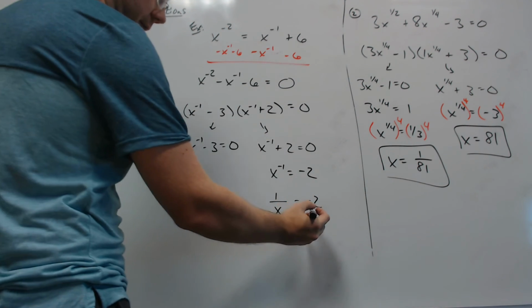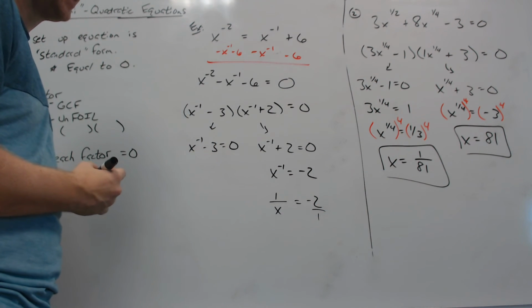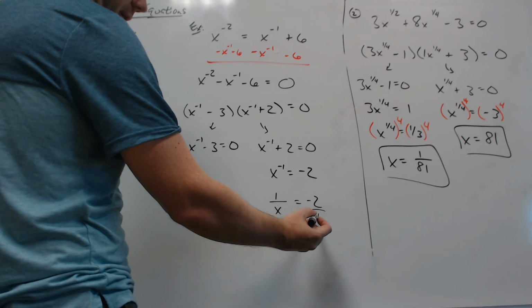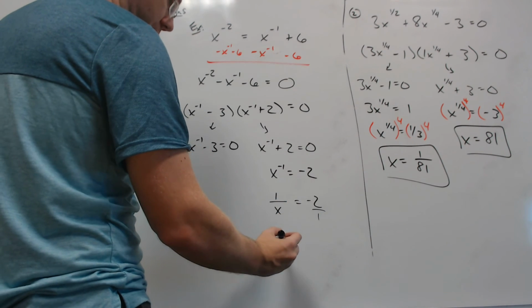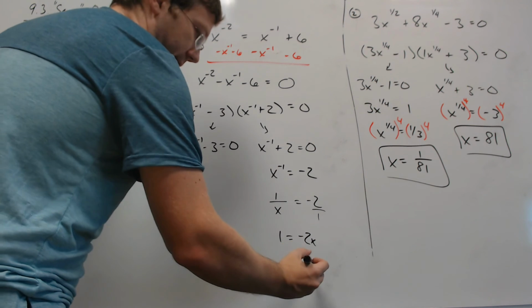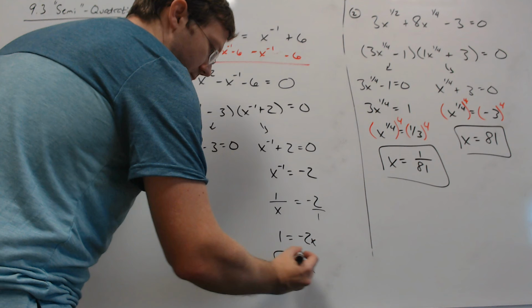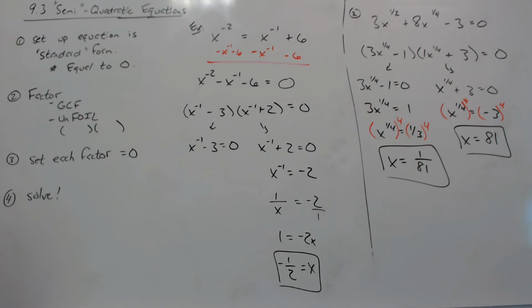Now you can think of this as kind of a cross multiplication problem. From mod 7, we can multiply across, and we end up with 1 equals negative 2x. Divide by negative 2. And we get negative 1/2.